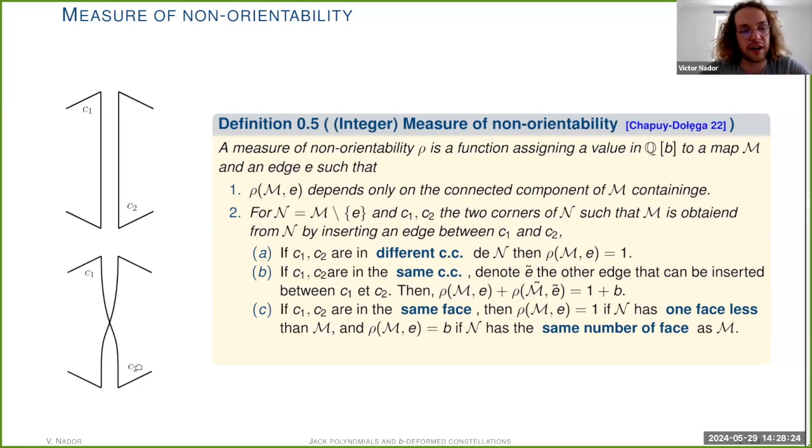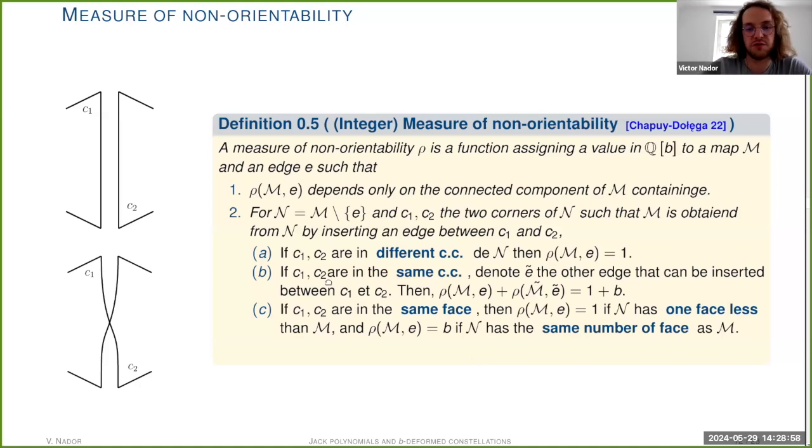And if the two corners are in the same face, then we can simply compute how the number of faces evolves when we delete the edge e. We want it to have weight 1 if the map obtained by deleting e from M has one face less than M, and weight b otherwise. The first case corresponds to the cut case of the third equation, and the second one corresponds to adding a twist, or a cross-cap structure, within a map.